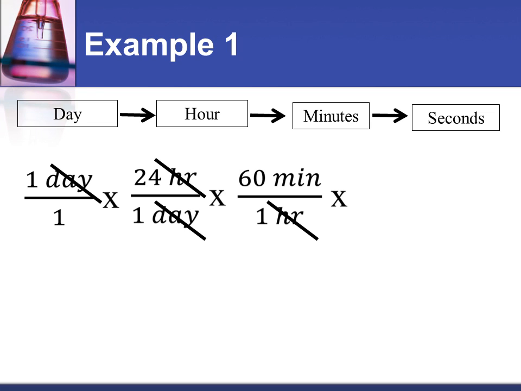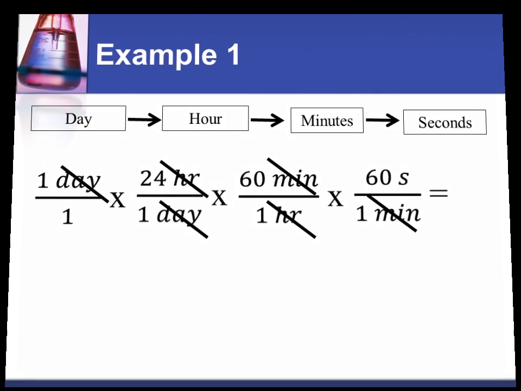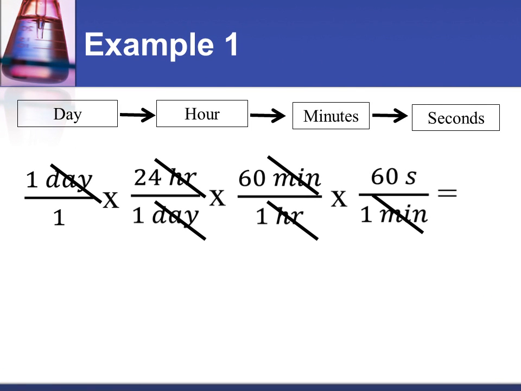Now I'm going to convert from minute to second, and the equivalent statement that I know is that 1 minute has 60 seconds. For the minute to cancel out, I'm going to put 60 seconds over 1 minute so that minute cancels with minute and you're left with seconds.